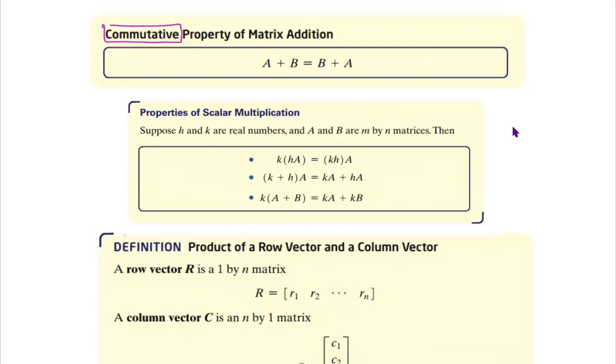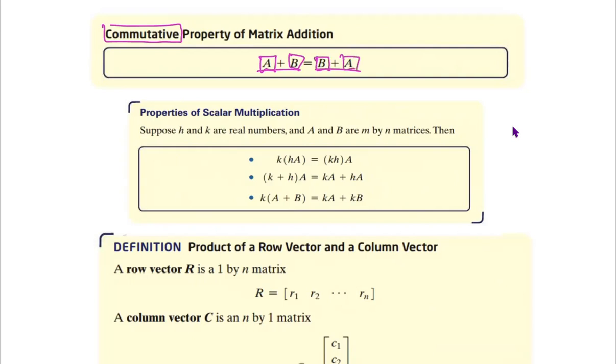So the commutative property of addition is also maintained in the sum of matrices. So if I have A plus B, it's the same as B plus A.